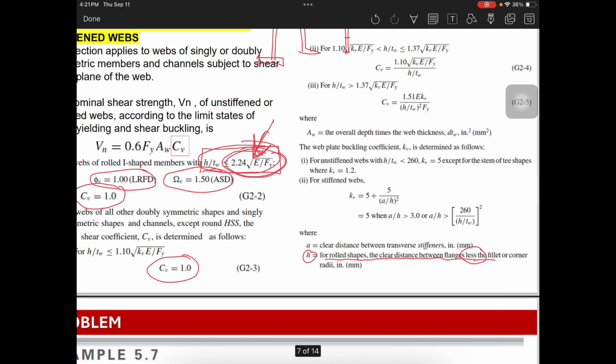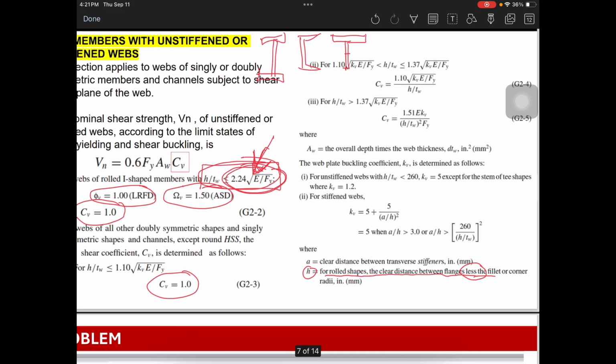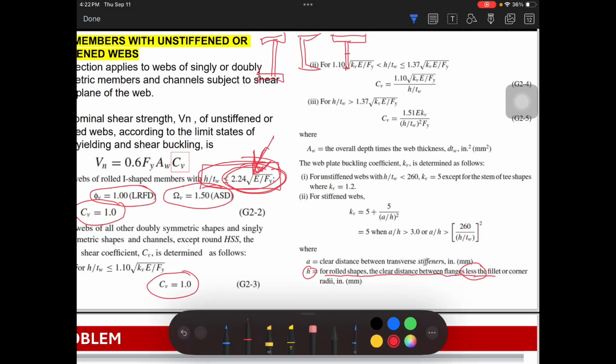Yung corner radii niya. So, H is yung mina-minus yung corner radii. Meaning, dahil dito sa corner na to, circular dito, diba? Yan, circular dito. So, ima-minus mo yung radii na yon. So, your H will be itong distance na to.